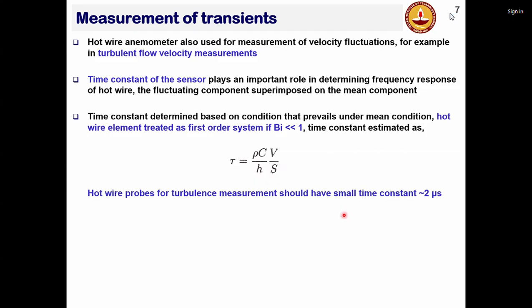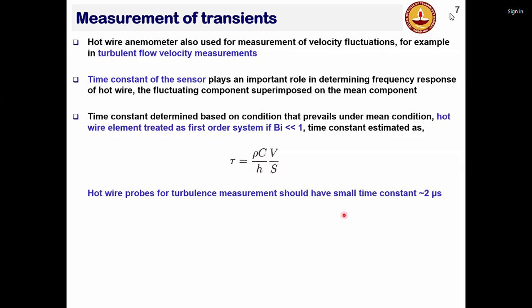Now, the hot wire anemometer can not only measure the mean or the steady component or the time average component, it can also predict the fluctuating component. It is that sensitive. So when you try to measure fluctuating velocities, the time constant of the hot wire anemometer becomes important. And when we talked about time constant, if you remember in the first order system, we had talked about time constant of a thermocouple, right?